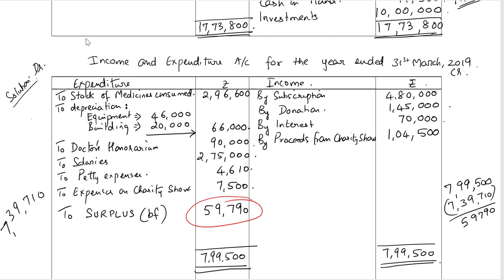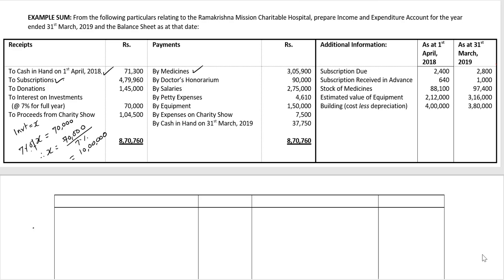We'll go on to the closing balance sheet. Balance sheet as at 31st March 2019. Liabilities and assets.